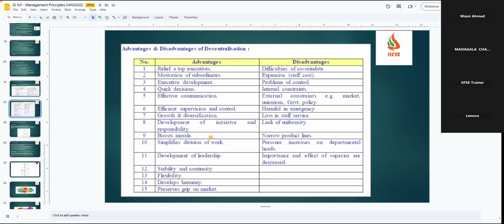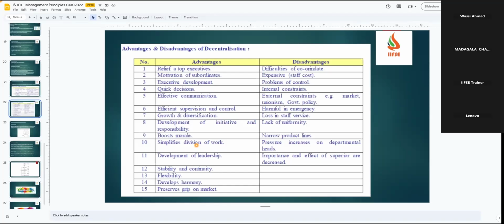Boost morale. Automatically his morale will increase, self-respect will increase, and it simplifies the division of work. When you give decentralization, it makes it easy to portion the total amount of activity. Who is supposed to do what, and how they have to do it.